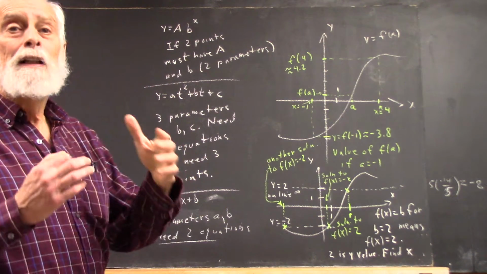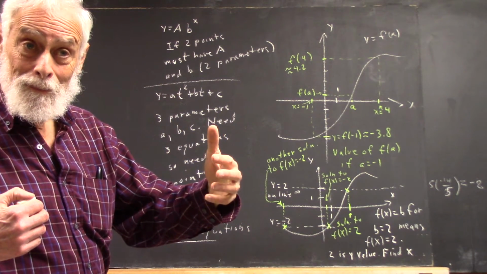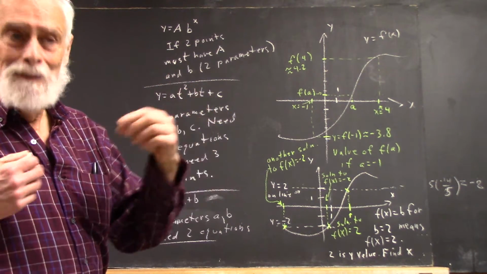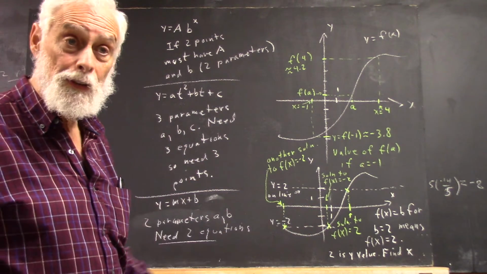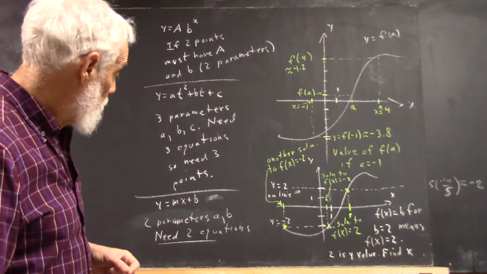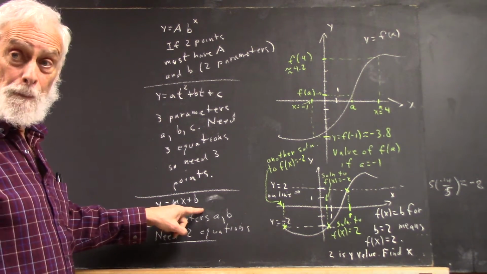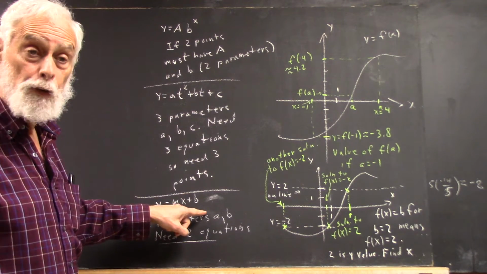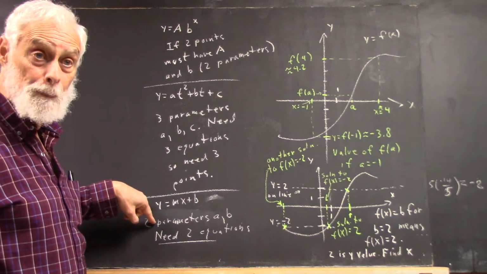If you have an equation that has a y and an x in it, then you can always plug the coordinates of a point in and get an equation that it has to solve. So if we have 2 points, that's enough to find m and b. You should be able to easily do that. It's very much like this, but shorter and easier.